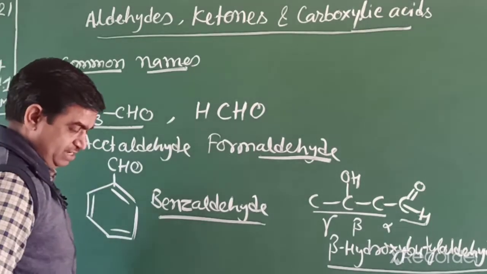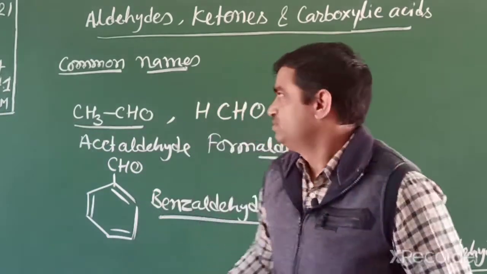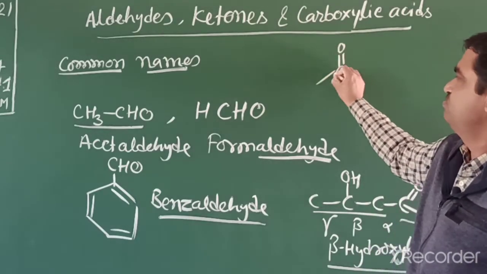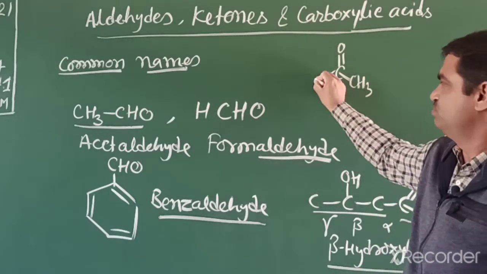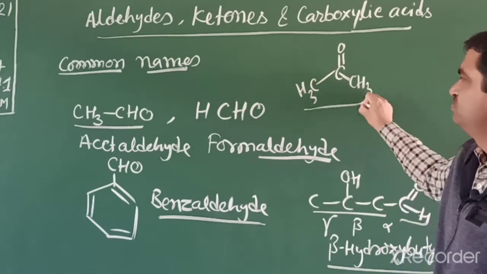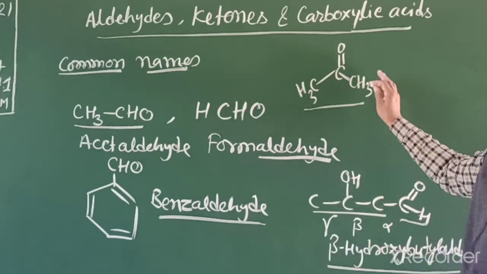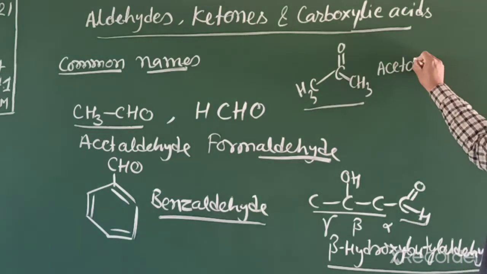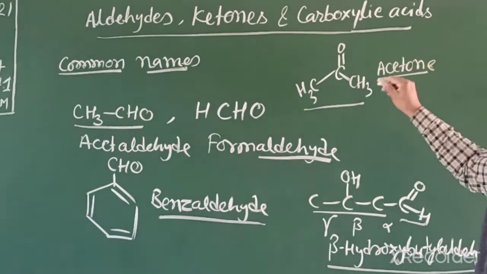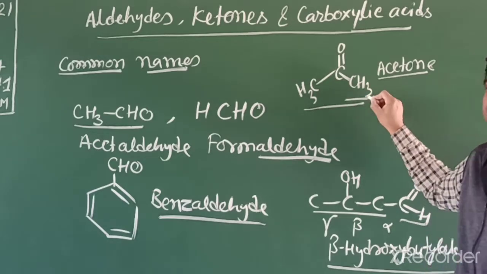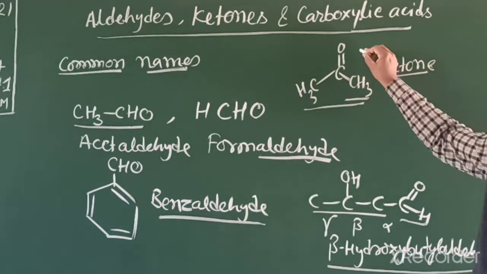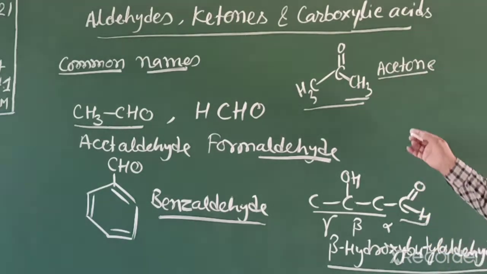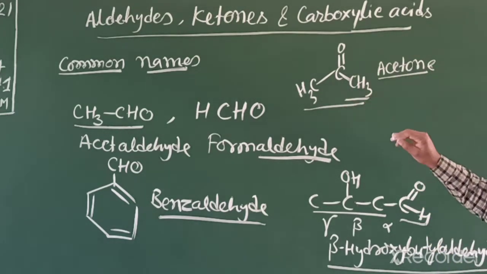And for ketones, the simplest ketone, the first member of ketones, is known as acetone. Normally we write CH3 on both sides as a ketone. This compound's common name, acetone, is famous; the IUPAC name is different, propanone.